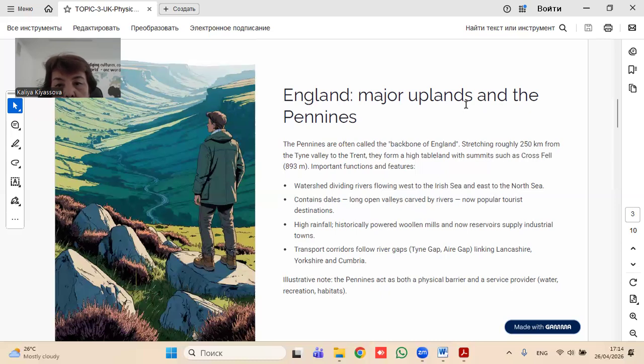Transport corridors follow river gaps, linking Lancashire, Yorkshire, and Cumbria. Illustrative note: the Pennines act as both a physical barrier and a service provider of water, recreation, and habitats.